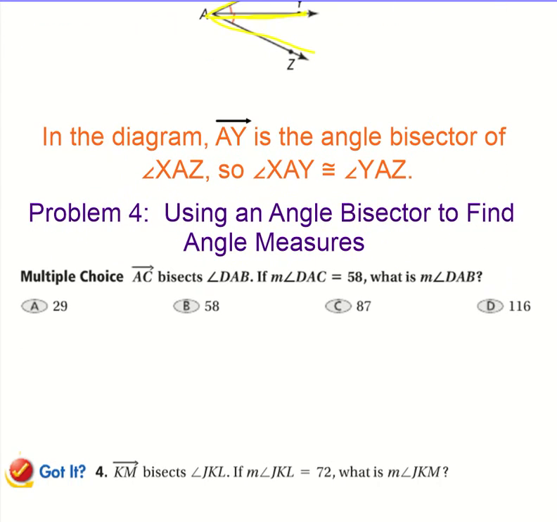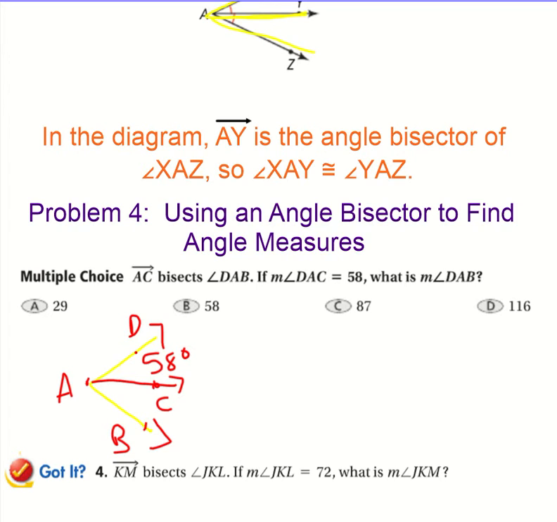All right, and so now let's do a problem doing that. We have an angle DAB, and I'm going to draw that out. Here's DAB. Ray AC bisects it, so here's C. If the measure of angle DAC is 58 degrees, what is the measure of angle DAB?